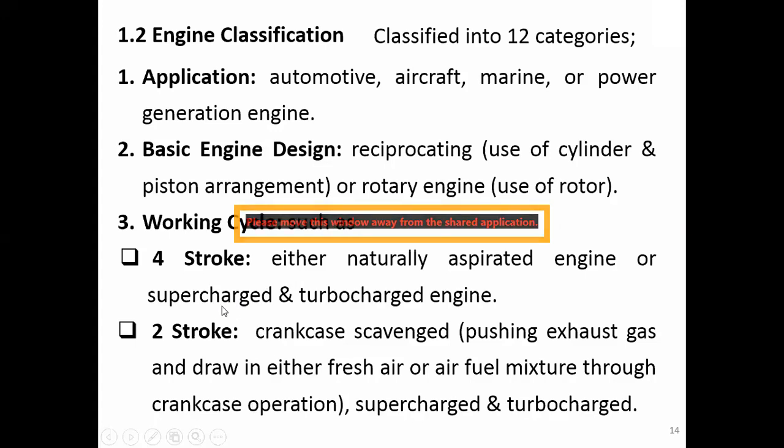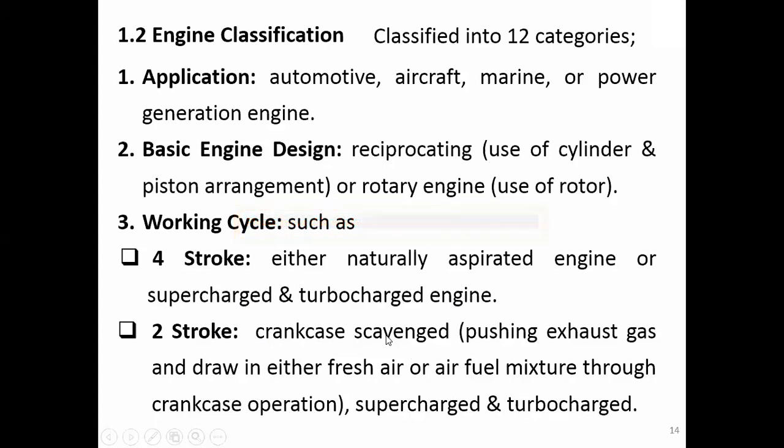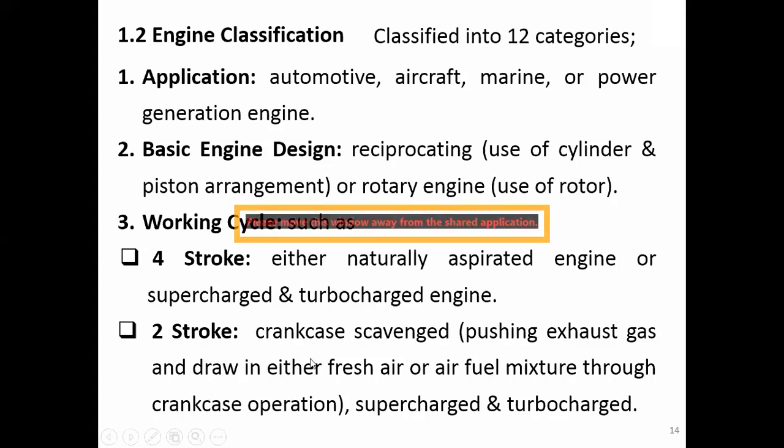Okay. For the 2-stroke engine, we have a crankcase scavenge. Right? Crankcase scavenge. Scavenge means exchange. Okay, exchange the fluid. So crankcase scavenge means since we have to fill in the working fluid and we have to exhaust the working fluid, there are many ways to scavenge this fluid.